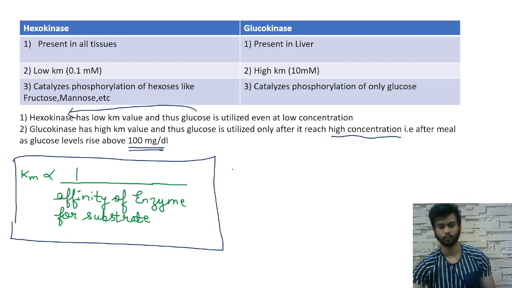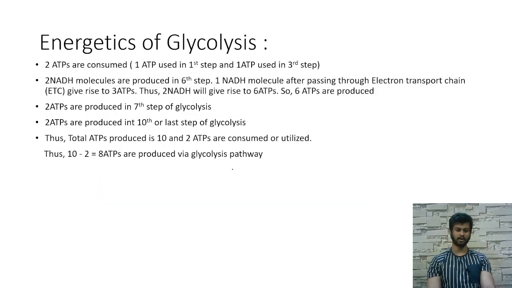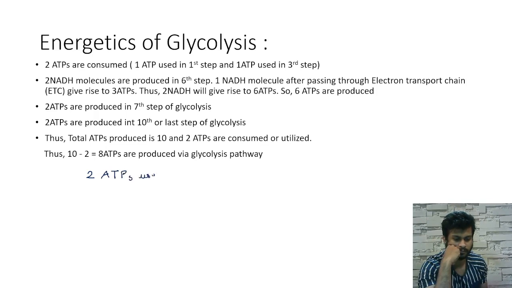Okay. Moving on to the last slide of glycolysis: energetics of glycolysis. In the first and third steps, one ATP was getting used each, so 2 ATPs used. In the oxidation step, that is the glyceraldehyde 3-phosphate dehydrogenase step, 2 NADH molecules were formed.